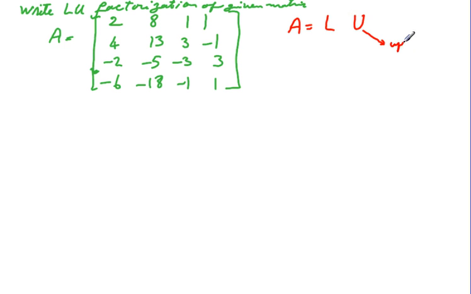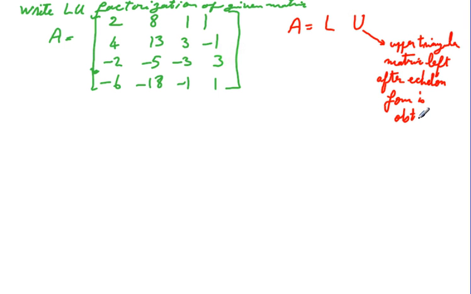This is going to be the upper triangular matrix left after echelon form is obtained. So we don't have that up front. We don't know what it is until all the dust is settled.